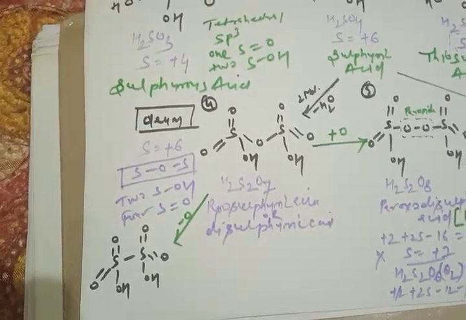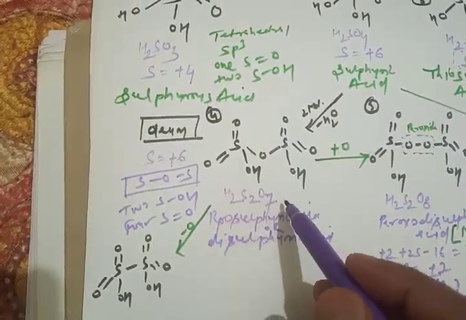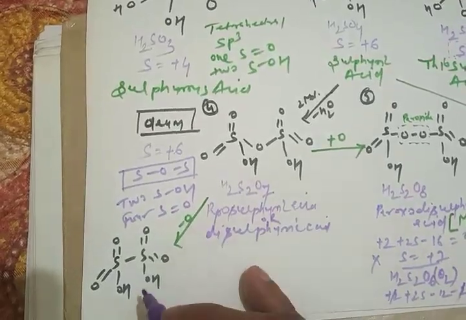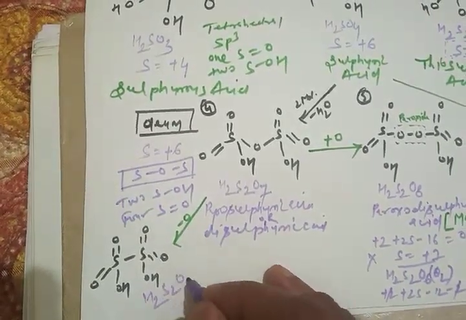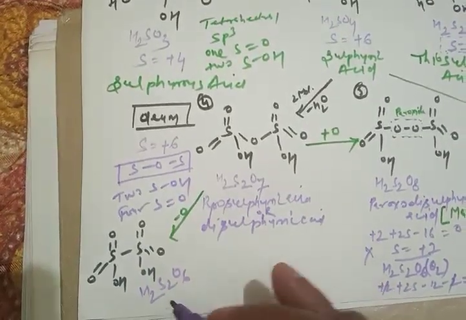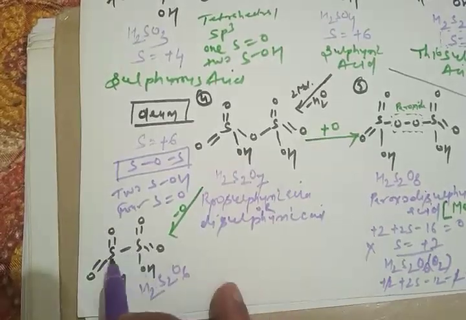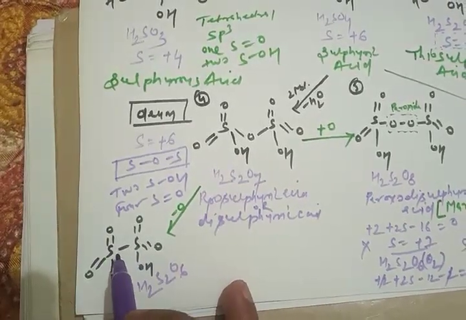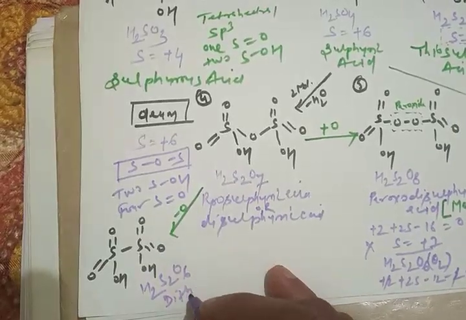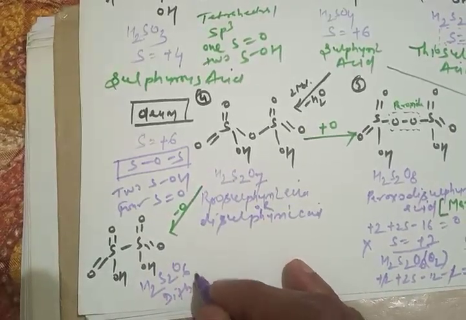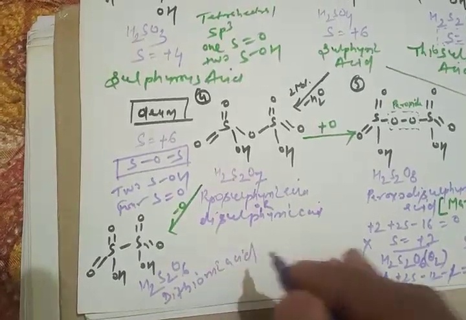So what will happen with the formula? Here the formula was H2S2O7. If I remove one oxygen, the formula will be H2S2O6, and in this case the name is, this is called thio, dithionic acid.